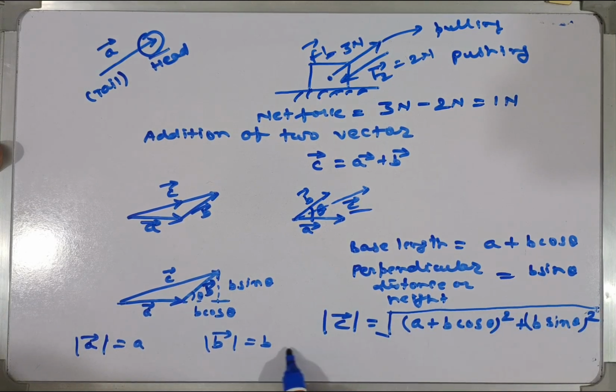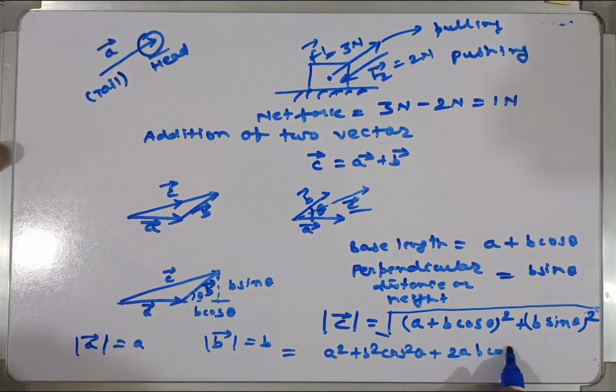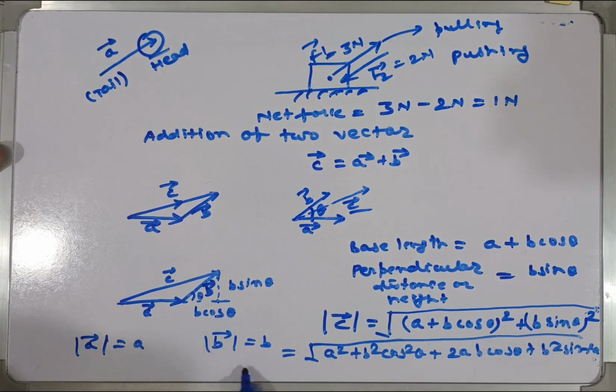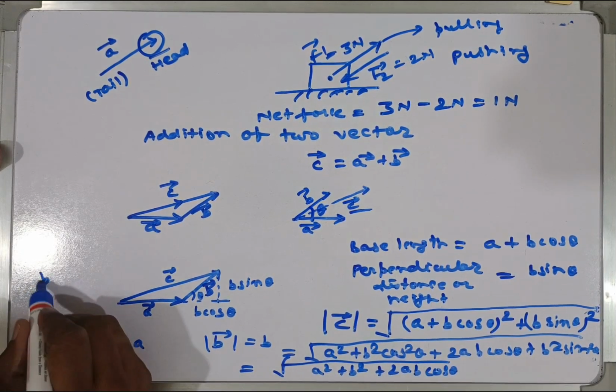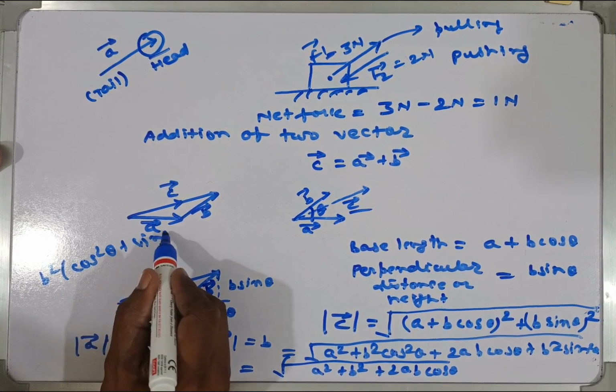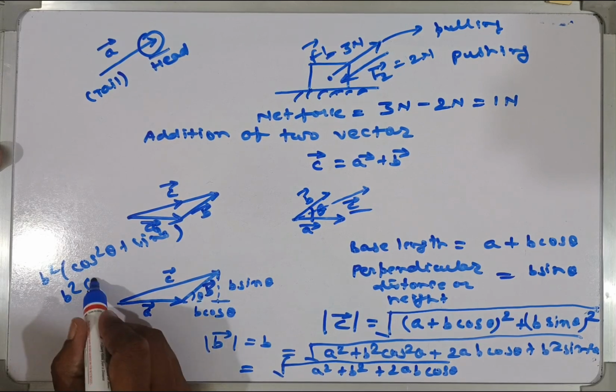When you solve this, you get A square plus B square cos square theta plus 2AB cos theta plus B square sin square theta. So finally what you get is the square root of A square plus B square plus 2AB cos theta, because B square is common, and cos square theta plus sin square theta equals 1.